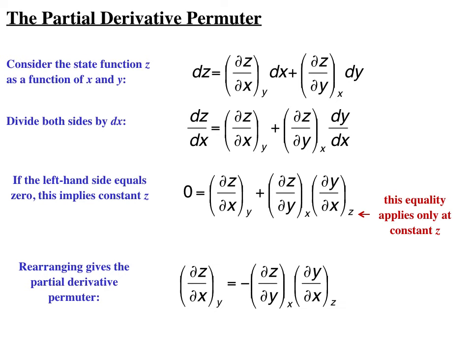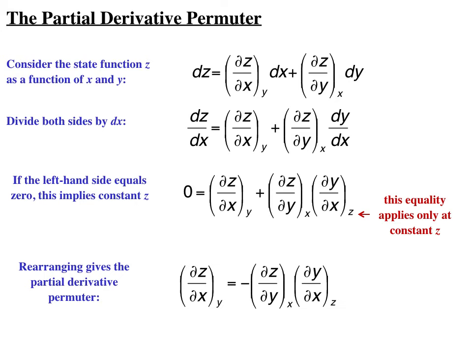So now all I'm going to do is mathematically manipulate that. I'm going to divide both sides by dx, and I come to the second expression that you see on my slide. Then I'm going to assume that this is true in the case where dz/dx is equal to 0.